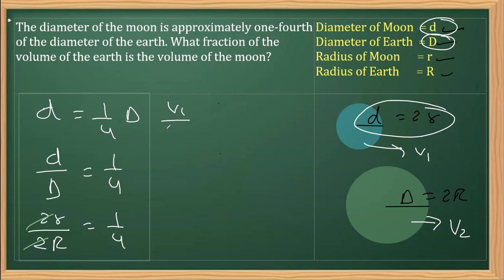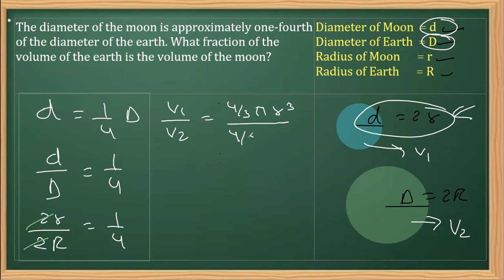So V1 over V2. In order to find the volume of a sphere, the formula is 4/3 pi r cube. And I'm using small r because the small r indicates the radius of this moon.